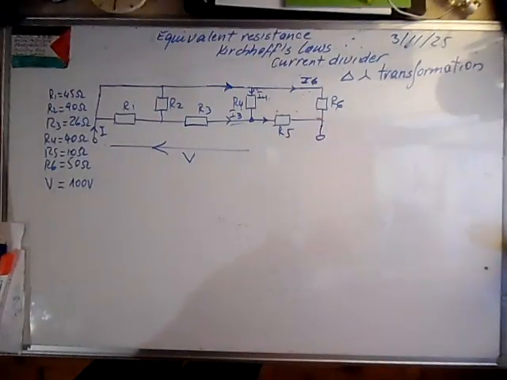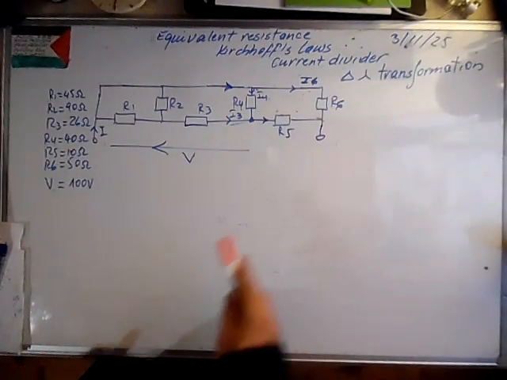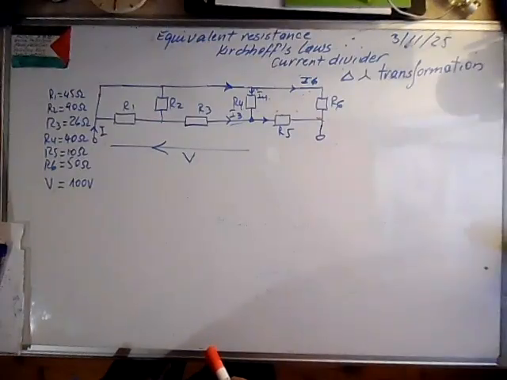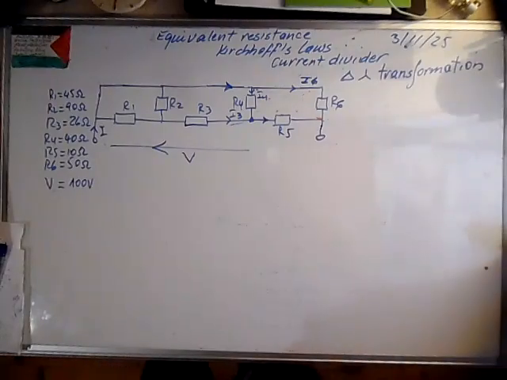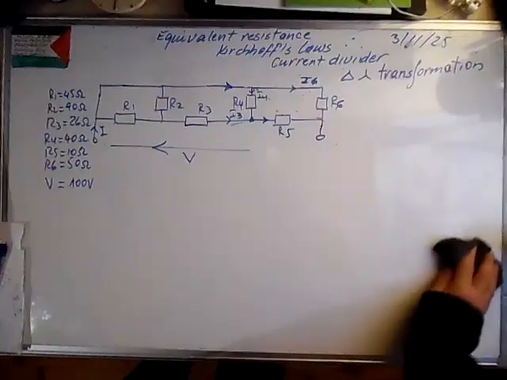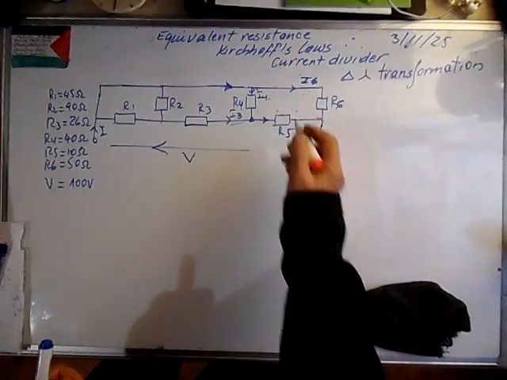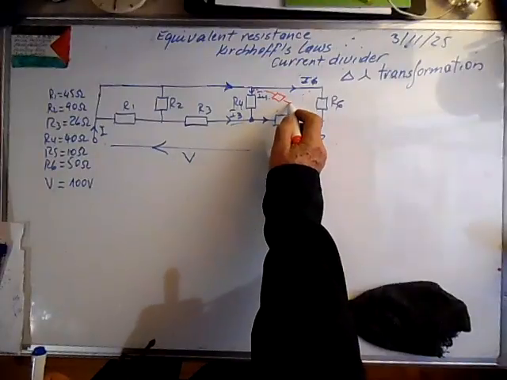What we are going to do is a delta-star transformation, and then we calculate the equivalent resistance, and with the current divider we will try to calculate all the currents. So let's modify this circuit by transforming this delta into a star.